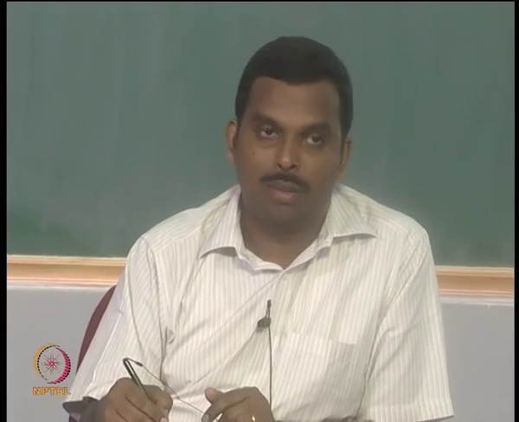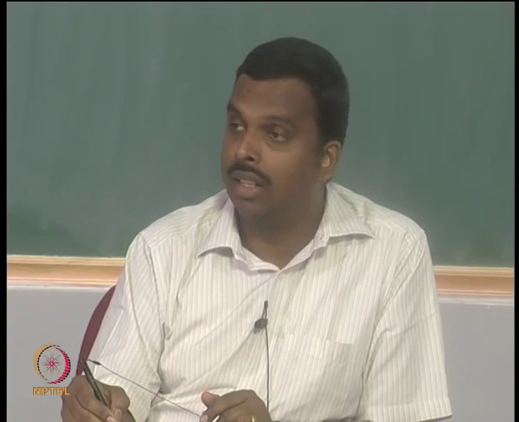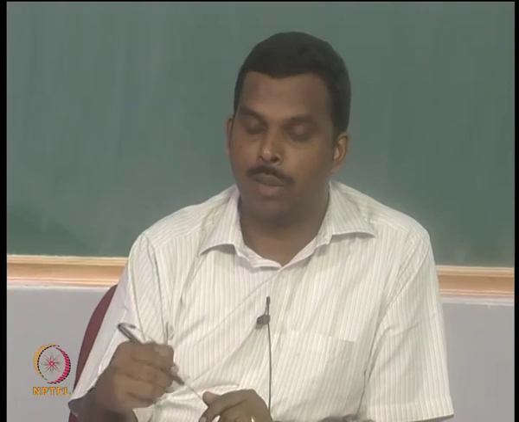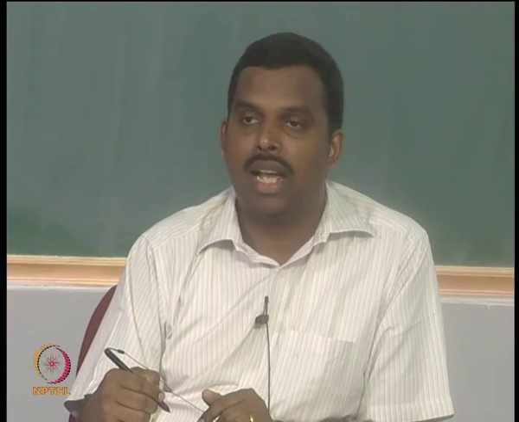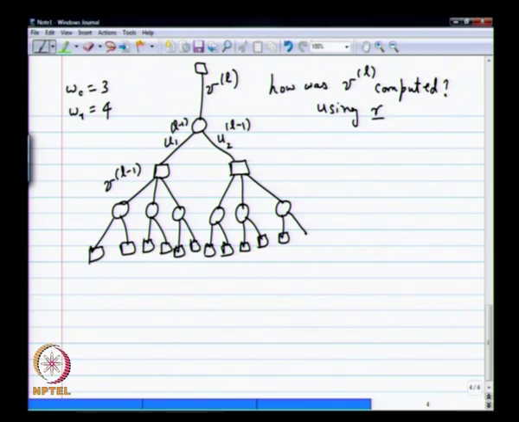And then what will be the next question I ask? This is VL minus 1, how were the VL minus 1s computed? That would have been computed from UL minus 2, and that would have come from 2 check nodes. Okay.